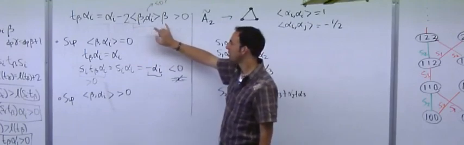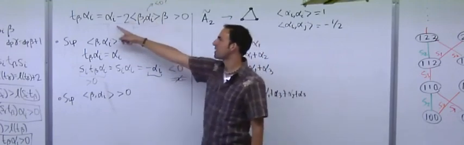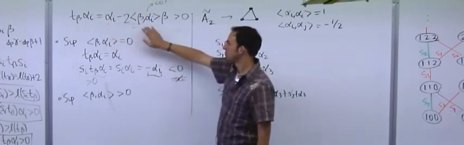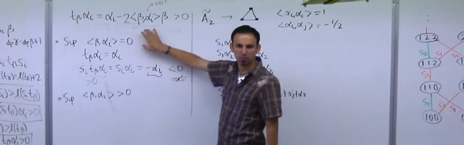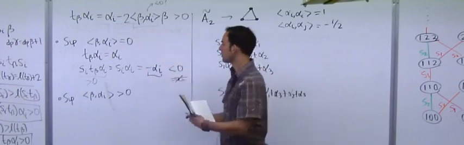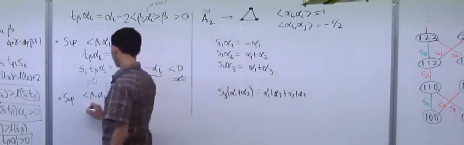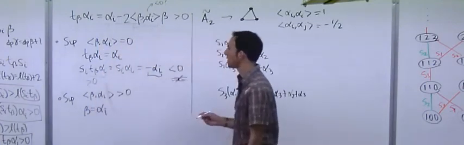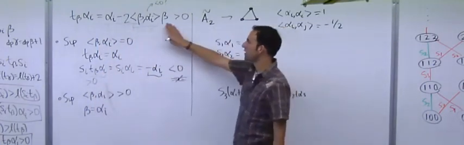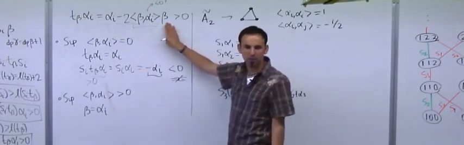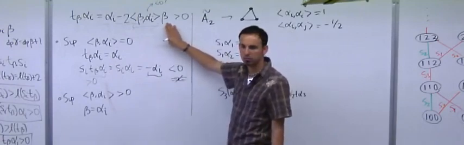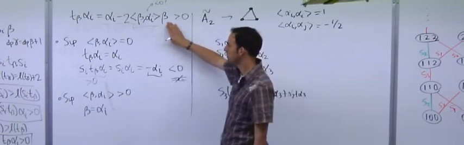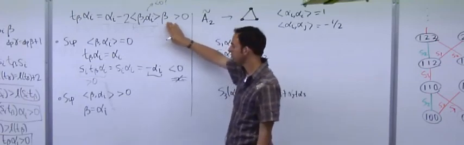So the only conceivable way that this could happen is if this looks like alpha I minus something times alpha I, where this something is small. So the only way this could be is if beta is equal to alpha I. I mean, I get that beta is a multiple of alpha I, but I know that roots have unit length. So if beta is a multiple of alpha I, then it has to be alpha I.